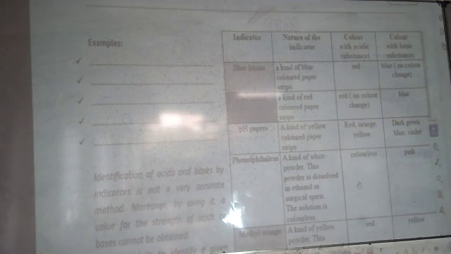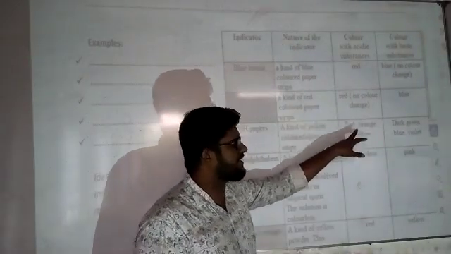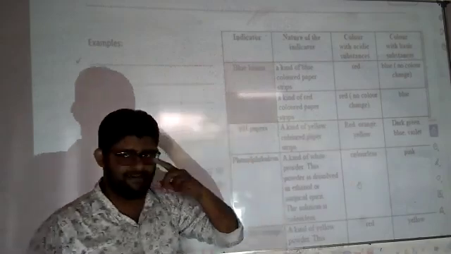Once you immerse these pH papers into a liquid or solution, if it turns red, orange, yellow, any of these colors, it should be an acid. If it turns dark green, blue, violet, any of these colors, then the substance should be a base. So acidic colors are red, orange, yellow; basic colors are dark green, blue, violet.